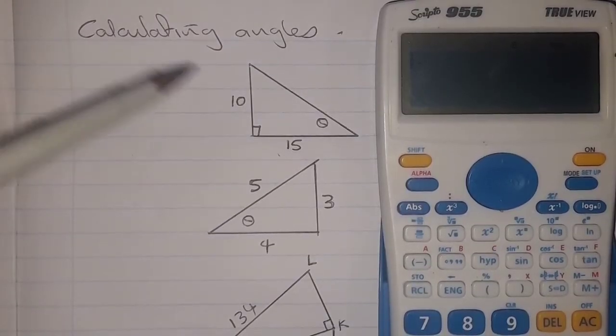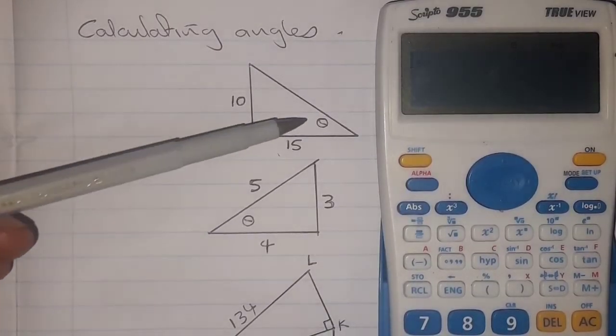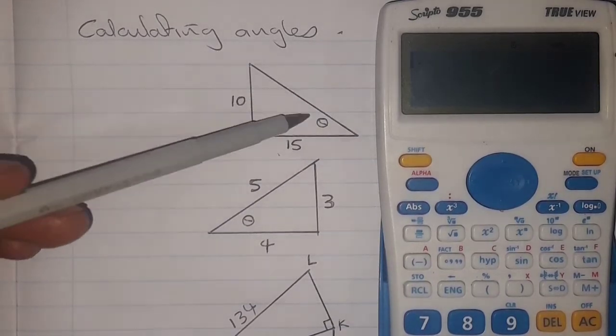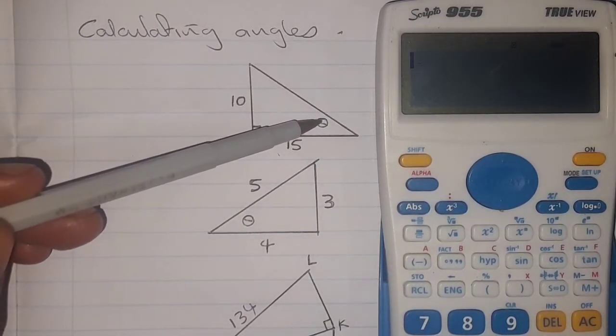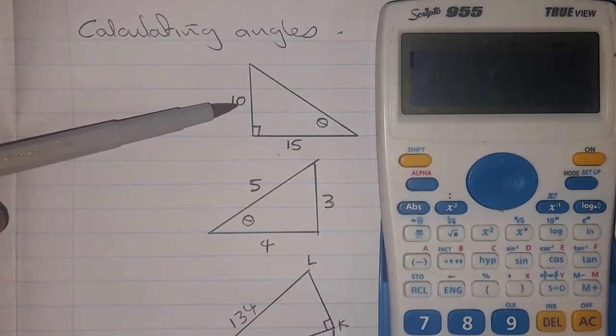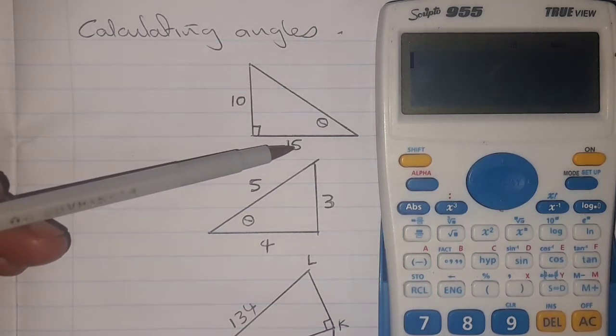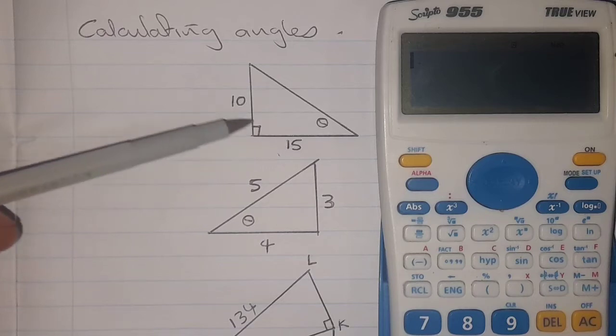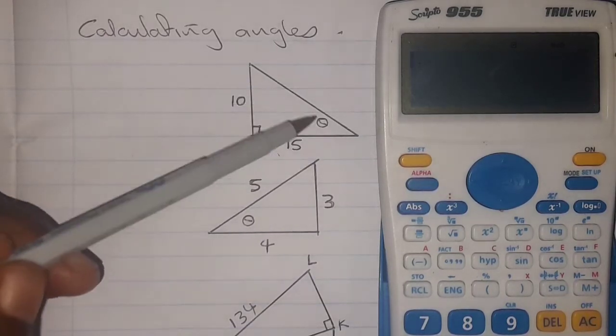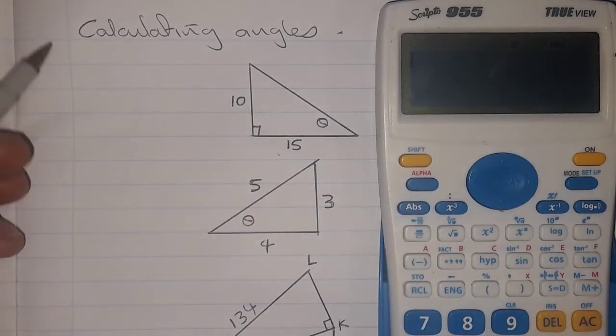All right, the first triangle is a right angle triangle. We are given angle theta, and then we have a side opposite angle theta and a side adjacent to angle theta. We want to use these two sides to determine our angle.